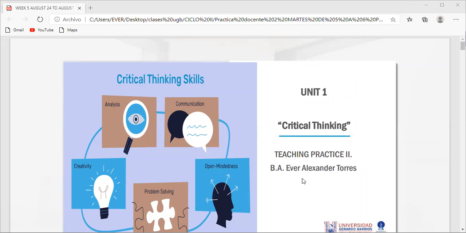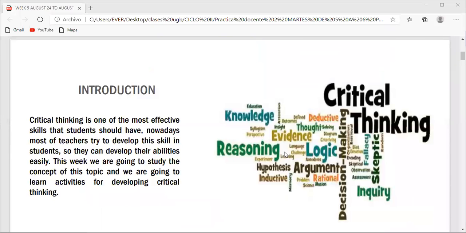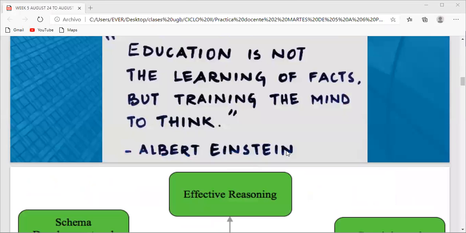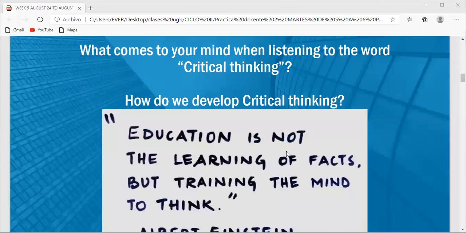For working, for getting a job, to make you awake, you know what I mean? To awaken those ideas that sometimes you don't share with the world. So basically that's the idea of critical thinking.